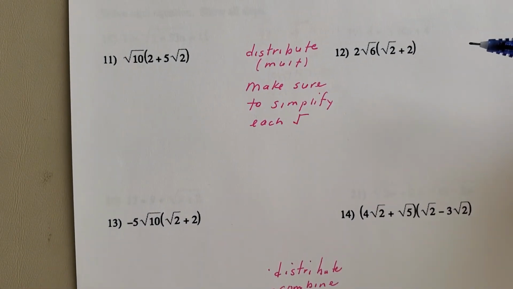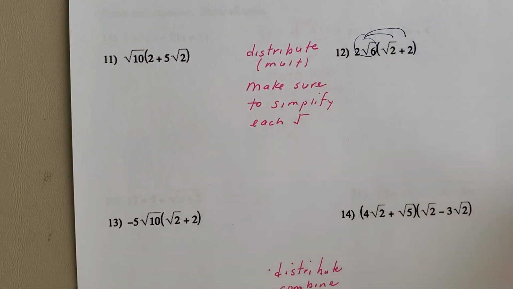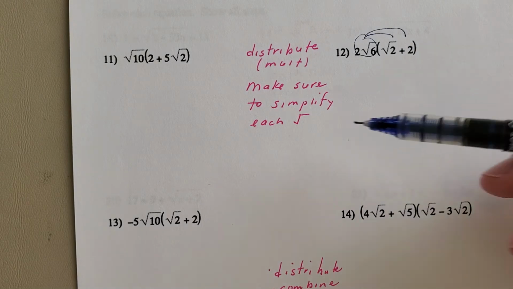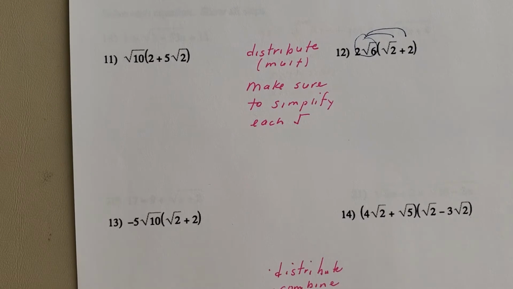All right. Same thing with these first problems at the top of the page here. These multiplication problems, you need to distribute. So you're doing this times each of those. And remembering, once you do the multiplying, you need to check the radicals and make sure you've simplified everything you can in the radical sign.